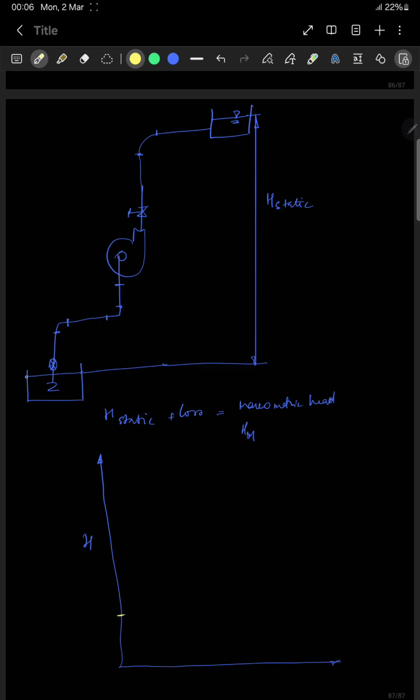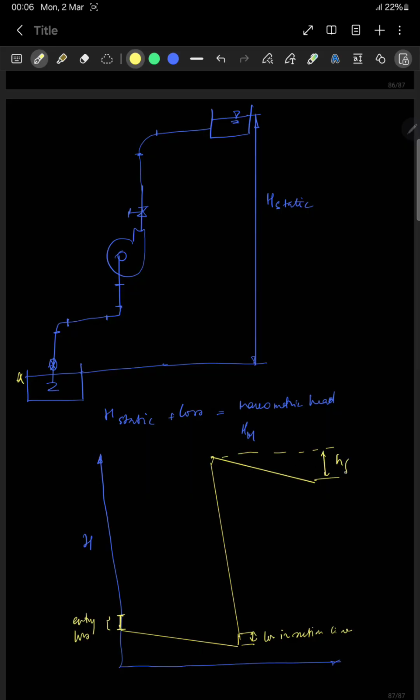This is the head at A. Now this is the entry loss. This is loss due to this height. Loss in suction line. This is the head developed by the pump. Now this is the loss in the delivery line.